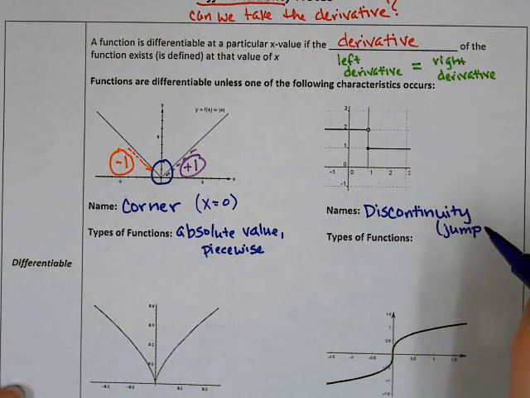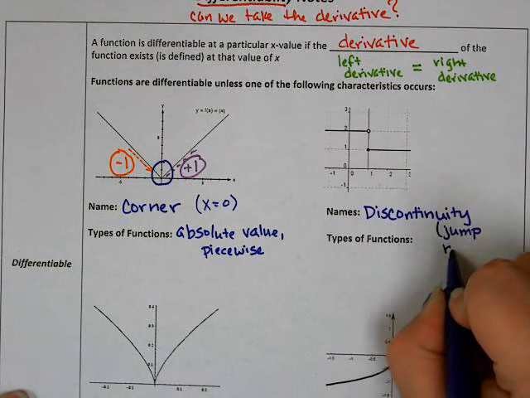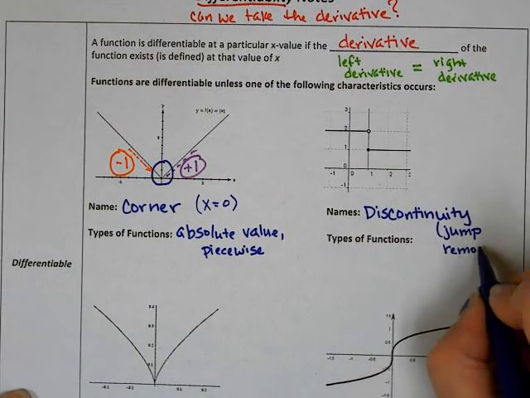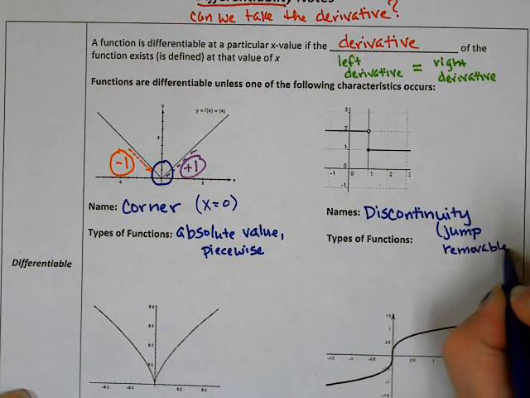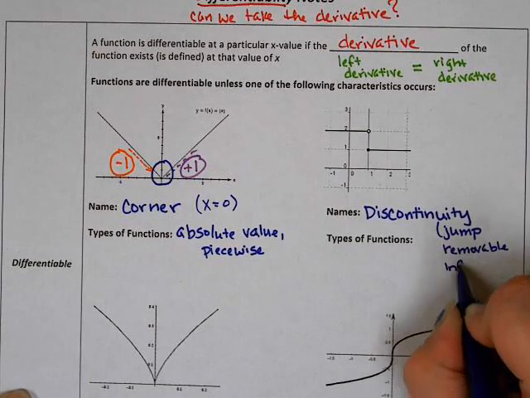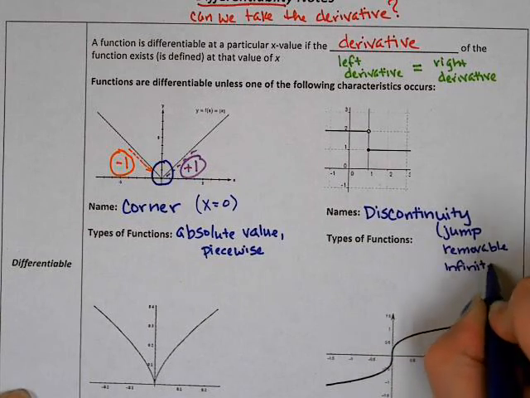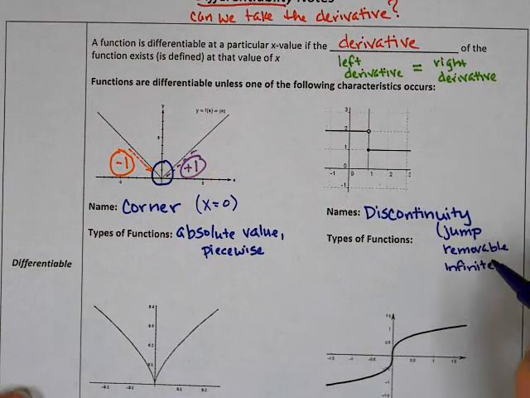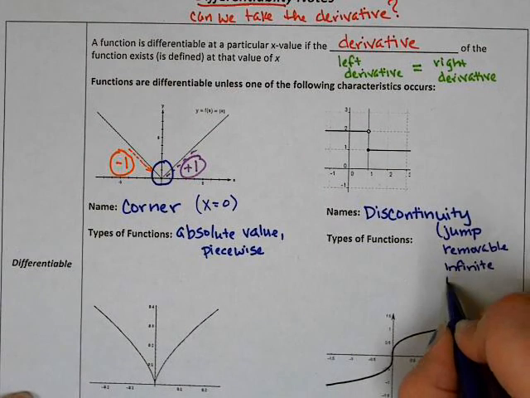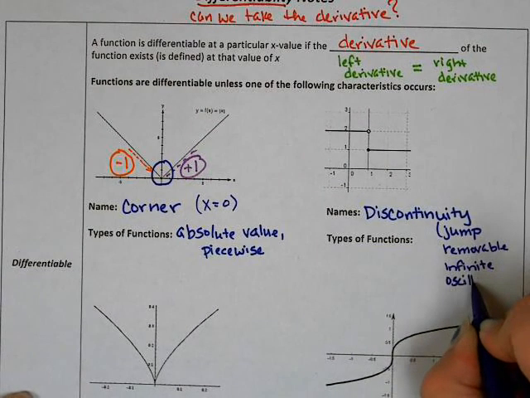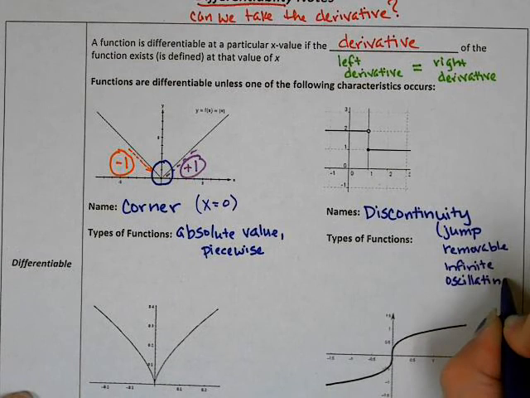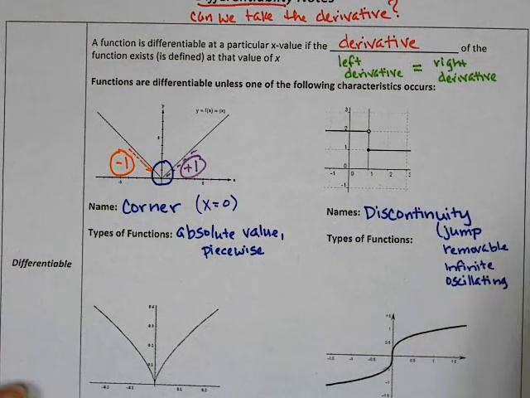But we have to remember that there are other types of discontinuities. There could be removable, so there's a hole maybe. There could be infinite discontinuities, so vertical asymptotes. Or there could be oscillating discontinuities.